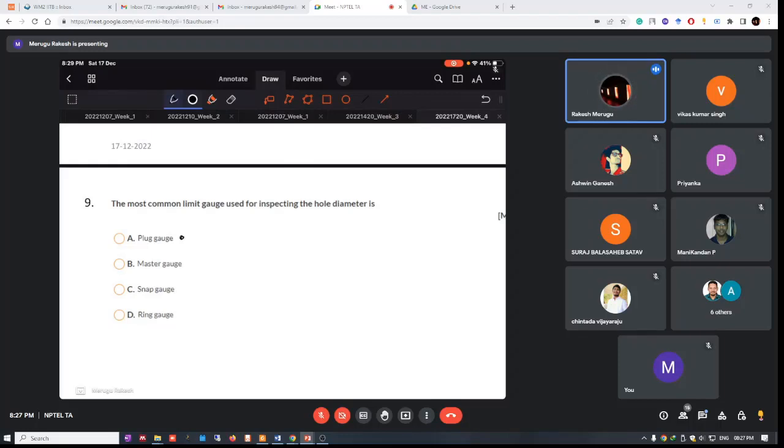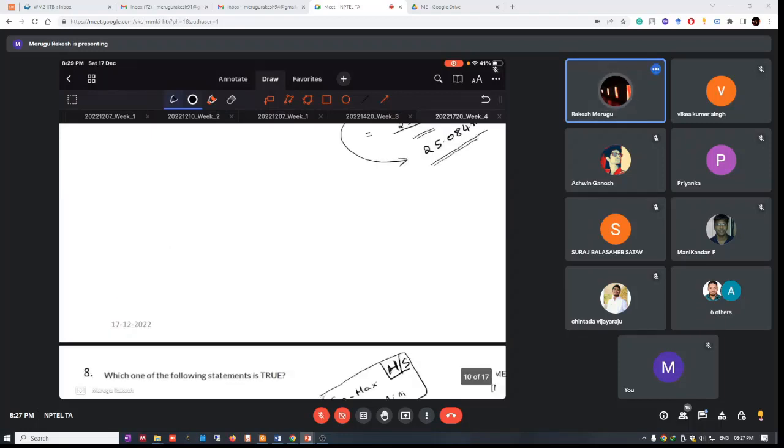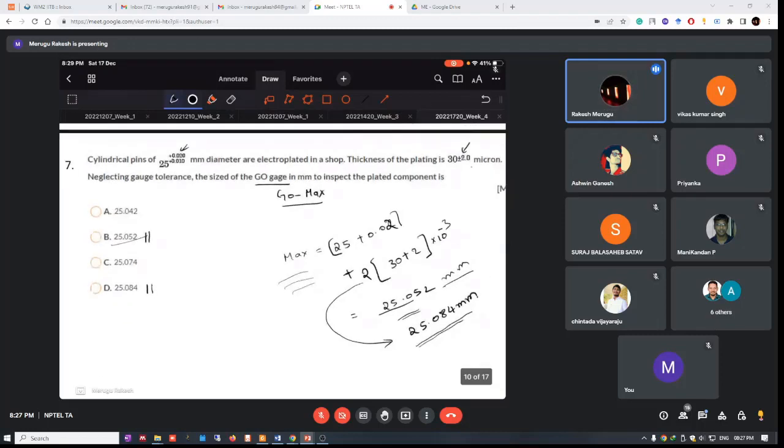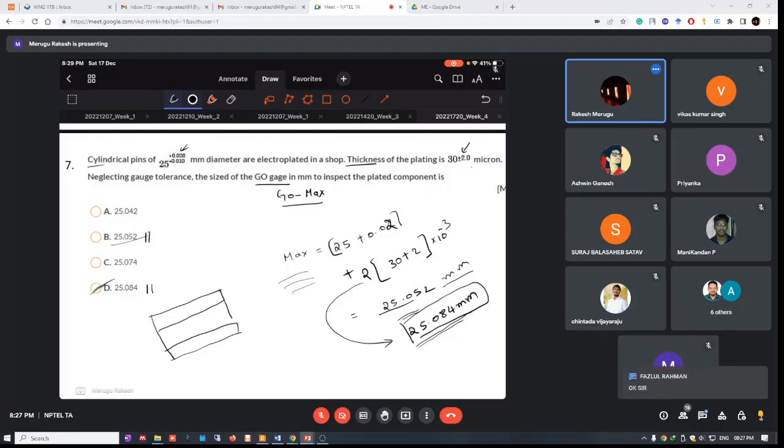Okay, fine. Simple question. Coming to this question, he is correct. Someone pointed out that the thickness is only once on both sides since it is cylindrical, and the correct answer is 25.084, option D. Okay.